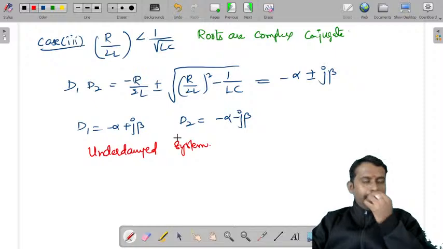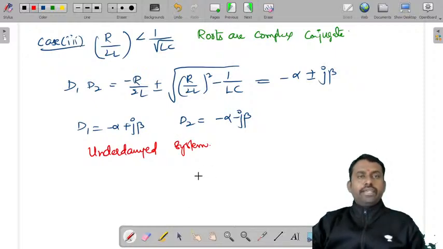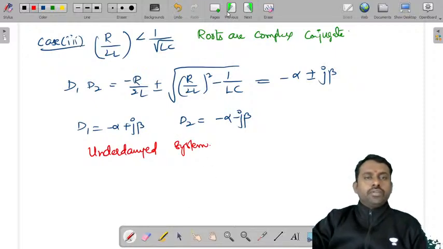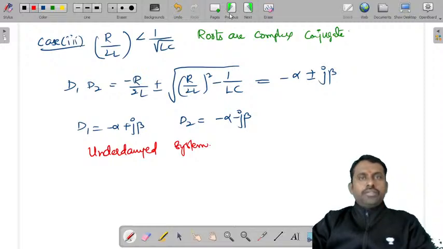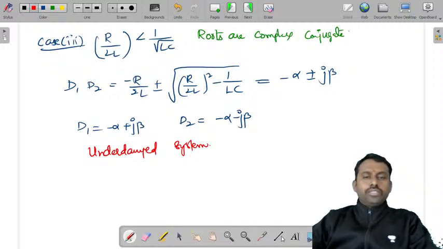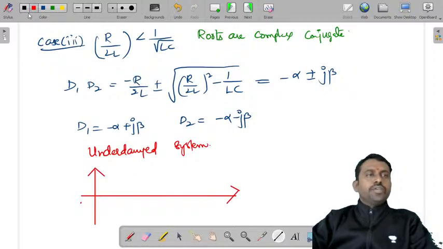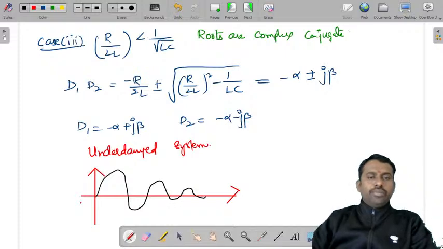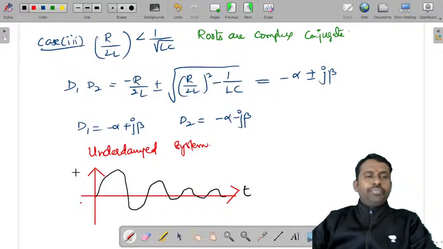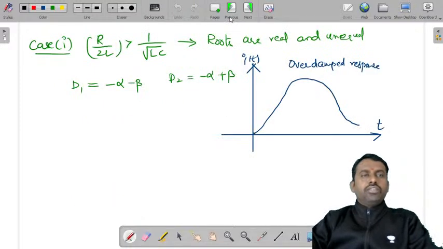So what is the response? Let's try to draw that. You'll get an underdamped system response wherein the oscillations will be reducing with respect to time for i(t).